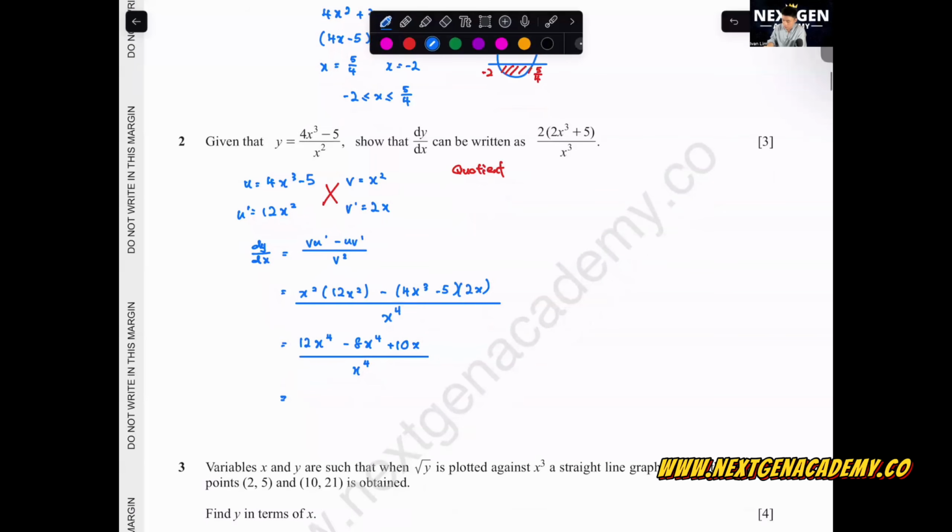We minus it off, then we factorize it. This will be 4x⁴ + 10x over x⁴, factor out 2x: 2x(2x³ + 5) over x⁴. And the final one, we'll get (2x³ + 5)/x³... cancelling, 2(2x³ + 5) over x to the power of 4.